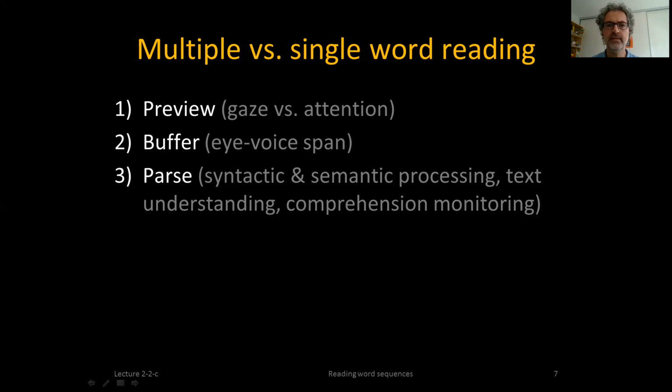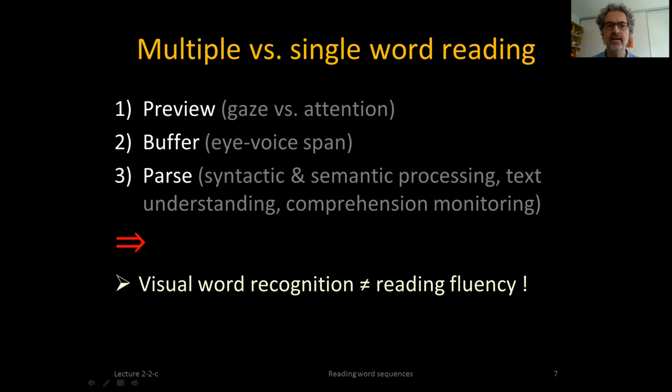So the fact that these take place while you process word sequences implies that the task of visual word recognition, that is, of recognizing individual words, is not the same as reading fluency. Reading fluency of either word lists or passages does require visual word recognition, of course, but also involves a lot more.